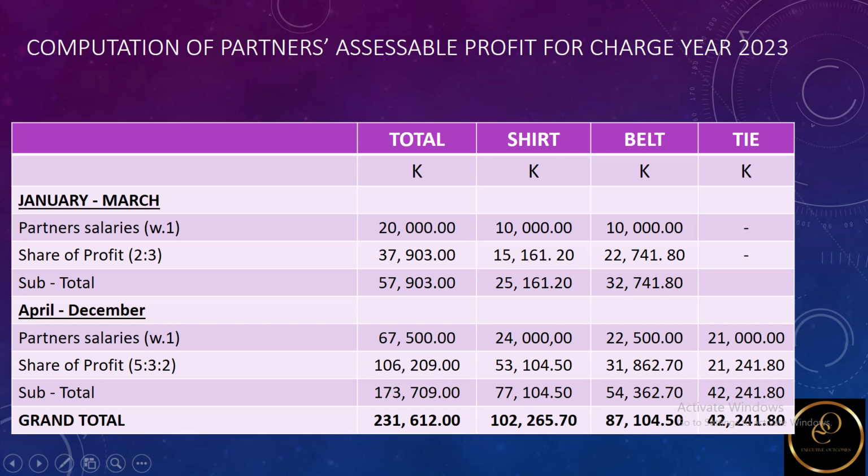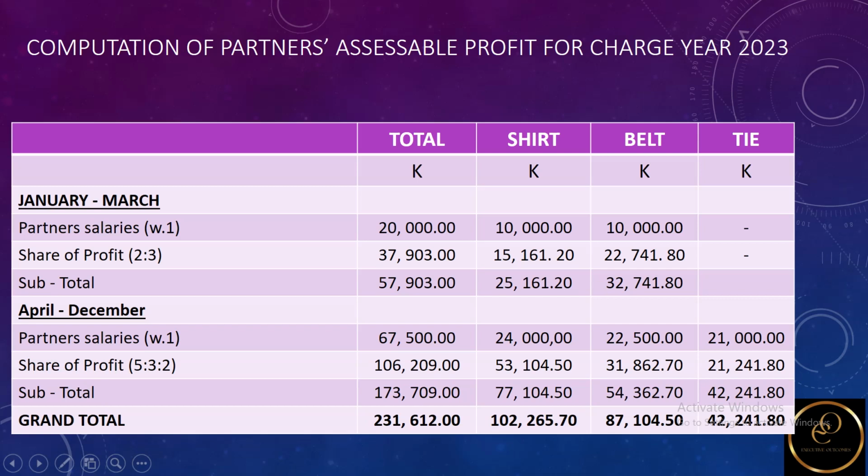Once you have arrived at the total, then leave a row in between for share of profit. In this case, they are supposed to share the residual profit in the ratio 2:3. So leave it blank, then go to the next row, which is subtotal.